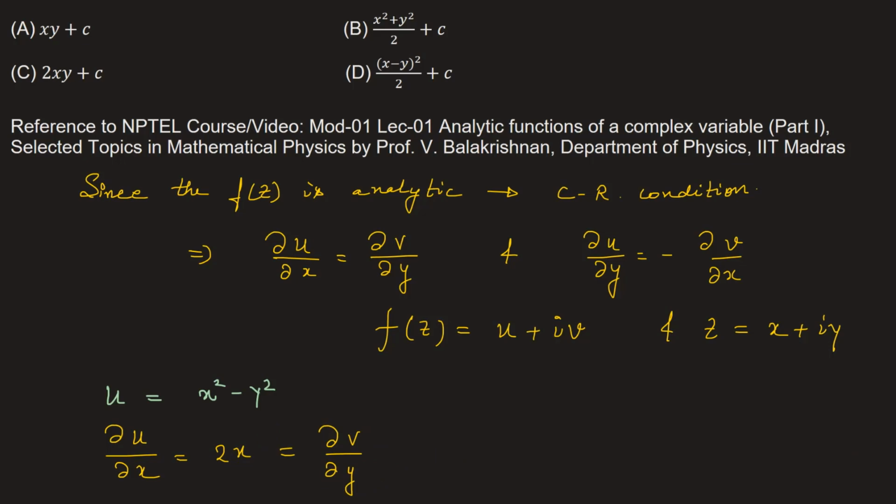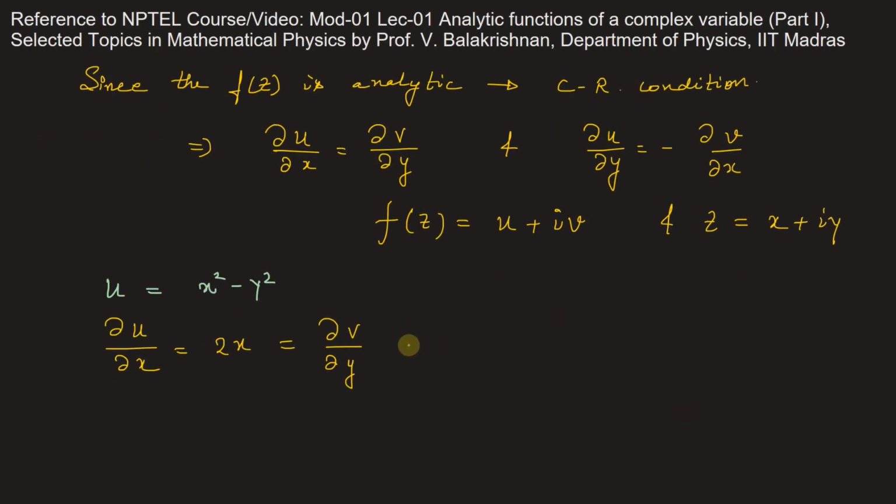Now let's consider just these two. So let's write here 2x into dy is equal to dou v by dou y into dy. We can write like this.